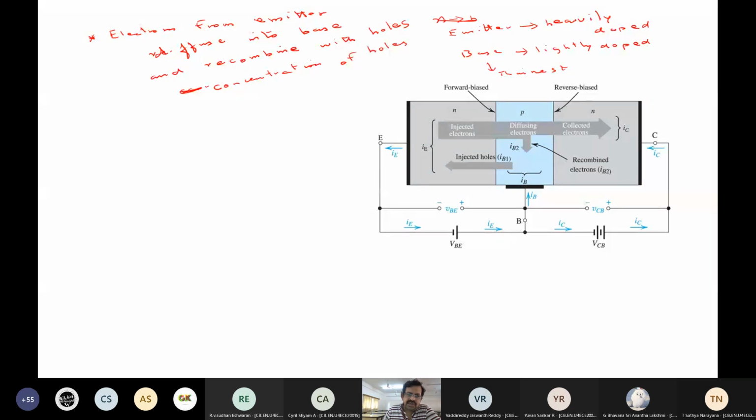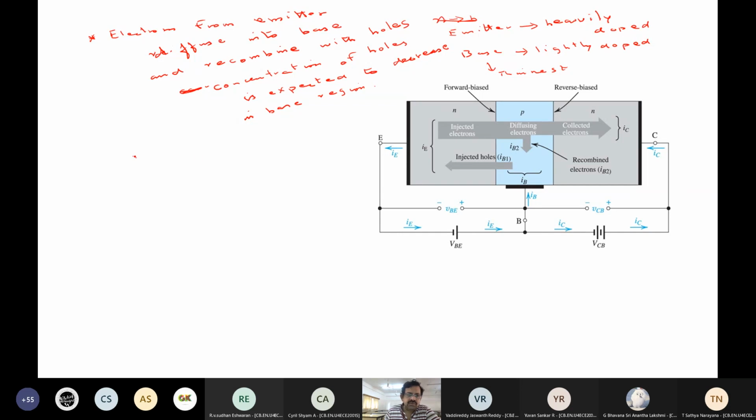But there is a savior, we'll come to that. Concentration of holes is expected to decrease in the base region, but it is not going to happen, as a result of the injected holes.